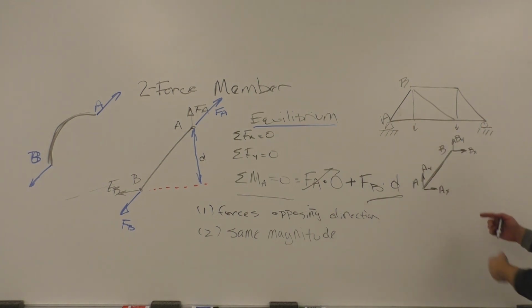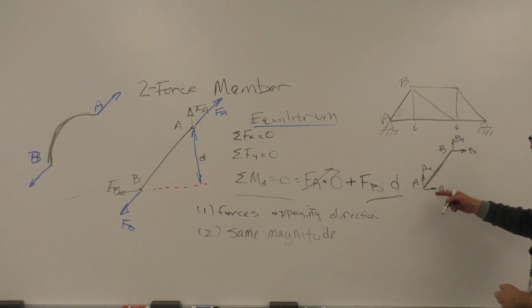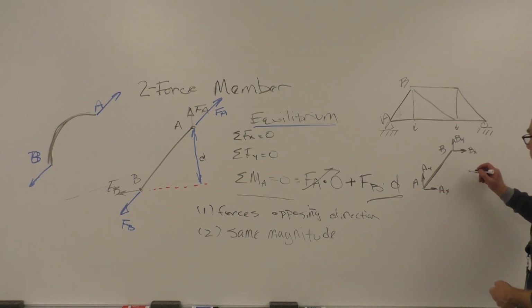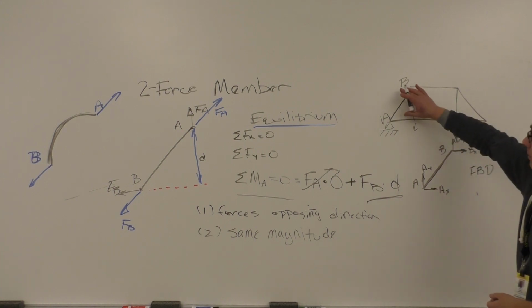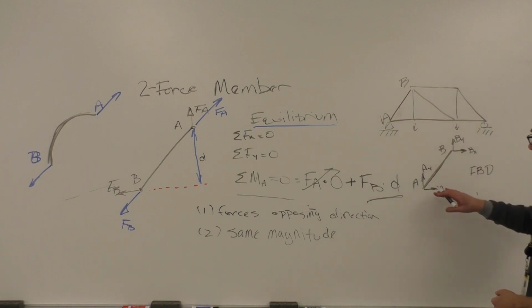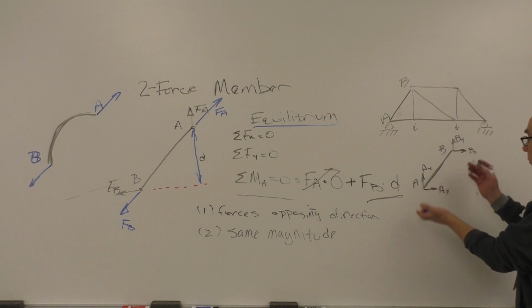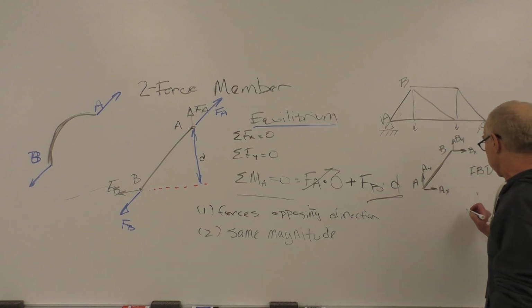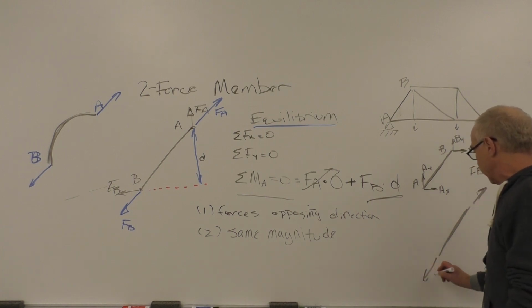So what we can say about this is that we can actually reduce this. This will be the free body diagram, FBD, for this AB member, and it has 4 unknown reactions. But we can actually reduce this to 2 reactions because we know that they're going to be in equal and opposite directions.